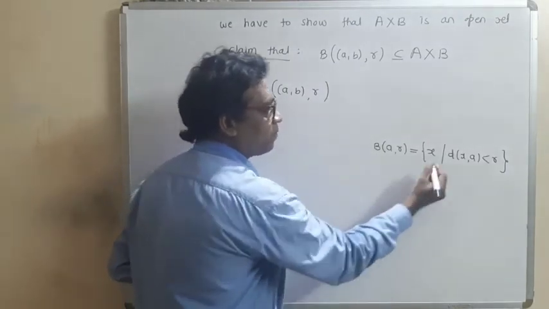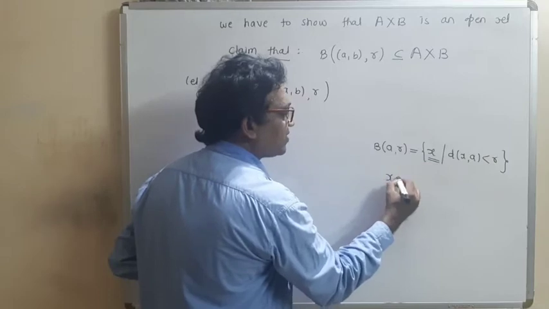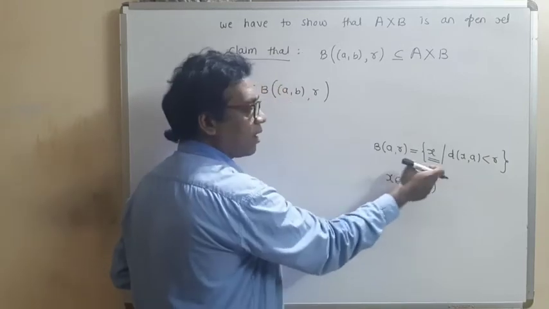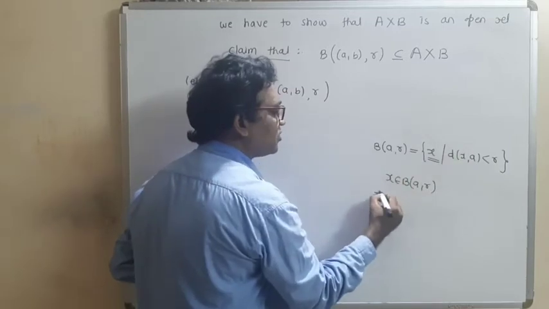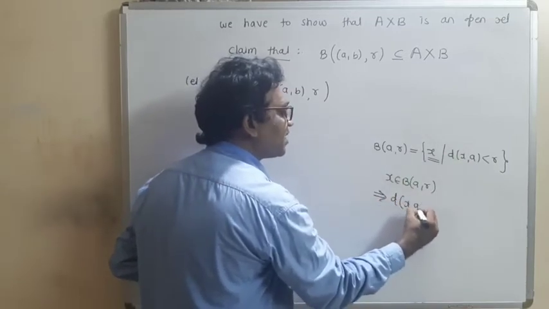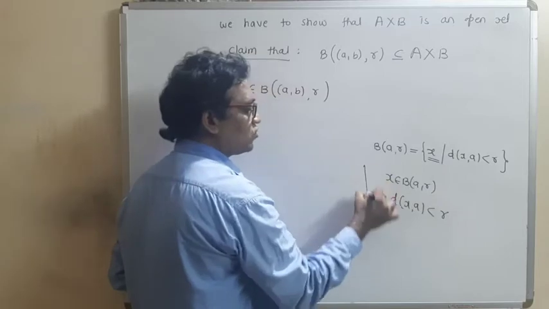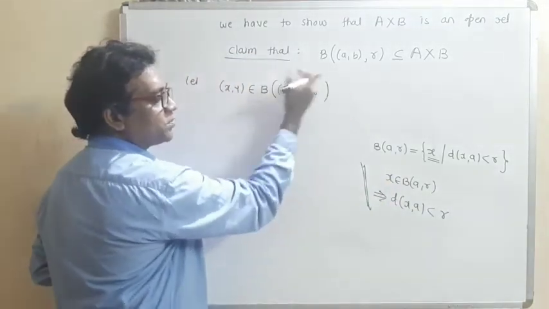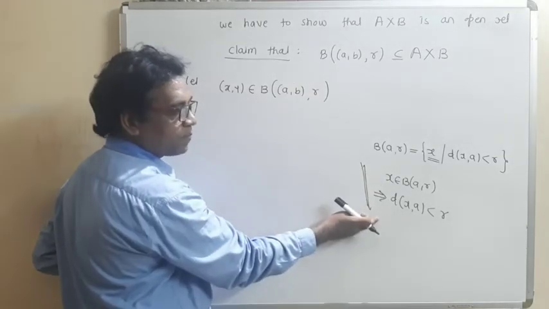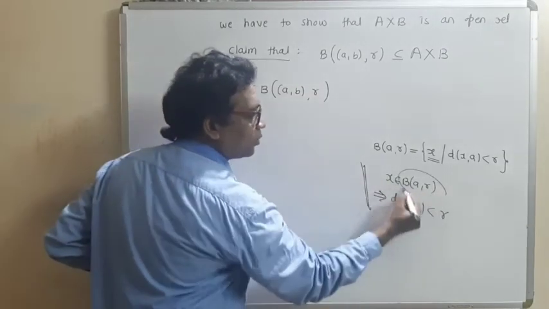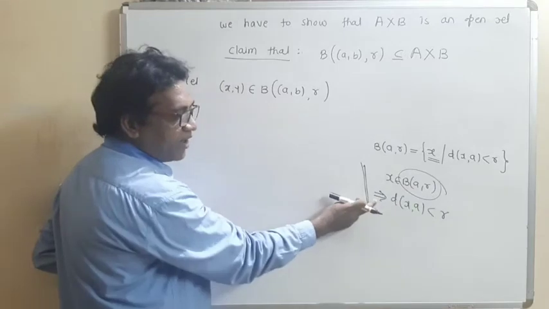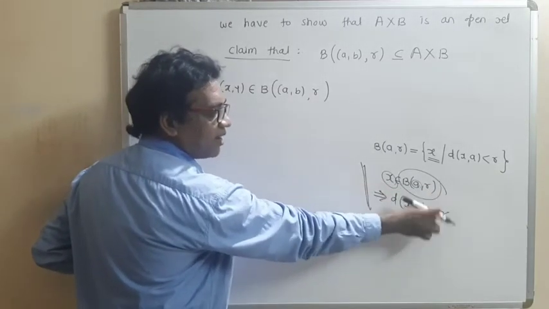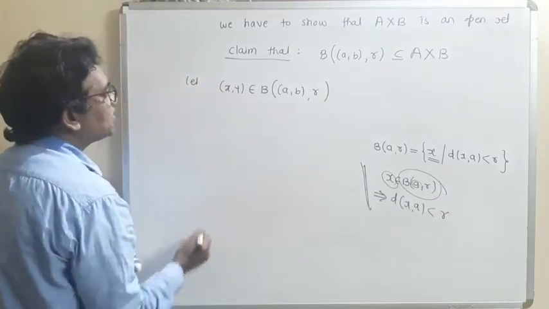What is the definition? If x is an element of this open sphere B with center at a and radius r, then we have this condition: the distance between x and a is less than r. So use this concept. If x is an element of the open sphere B(a, r), then the distance between x and a is less than the radius.